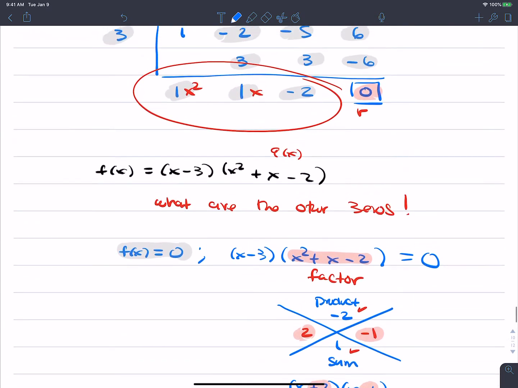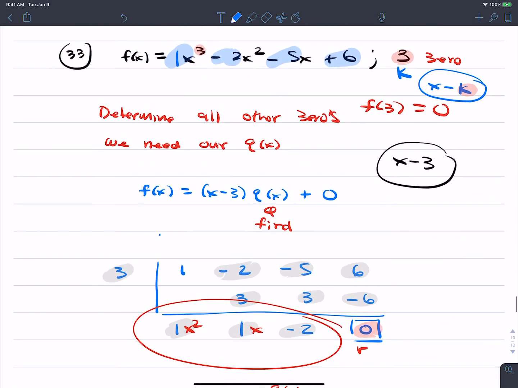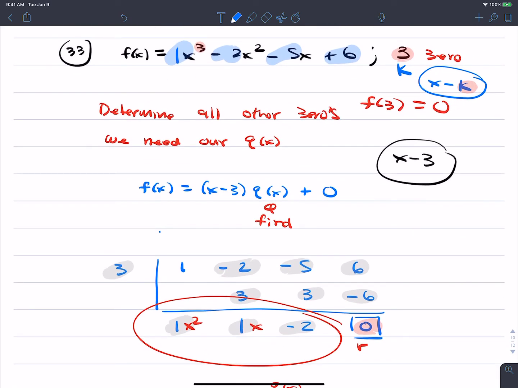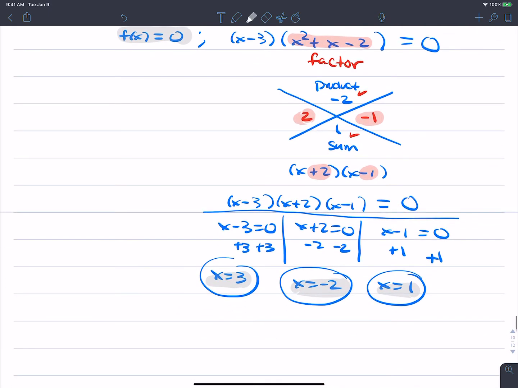But this is the process of finding the other zeros when you're only given one zero. So reduce your polynomial function from a third degree to a second degree and essentially find the zeros for that quotient function, this q here. This is what we did. We found q, and we found the zeros for q, so altogether we have all the zeros.